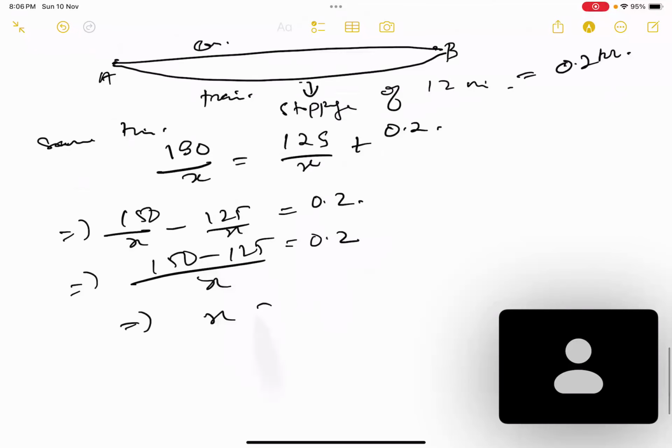So x is equal to 25 by 0.2, which is 125 kilometers per hour.